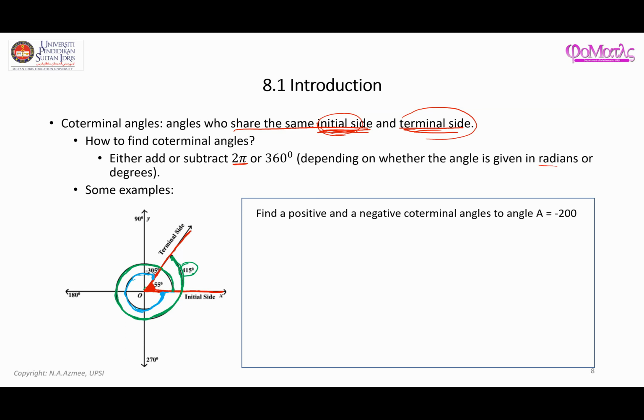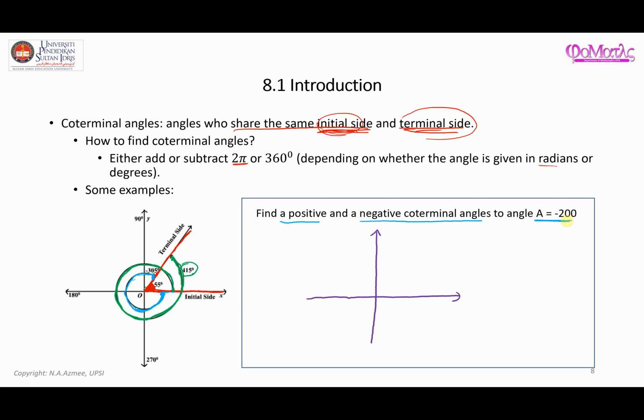Let us try this simple example. Find a positive and a negative coterminal angle to angle A, where A is negative 200 degrees. It will be helpful if you can sketch the angle.